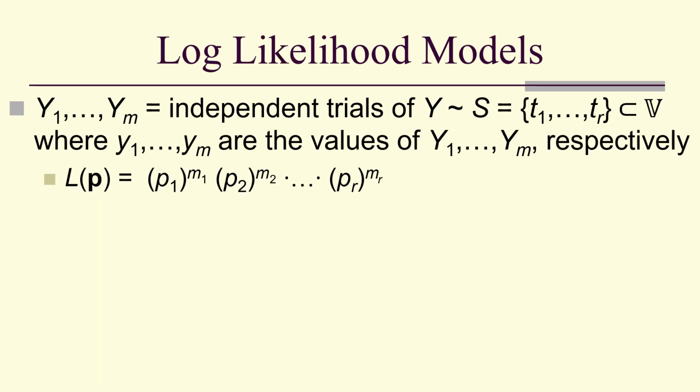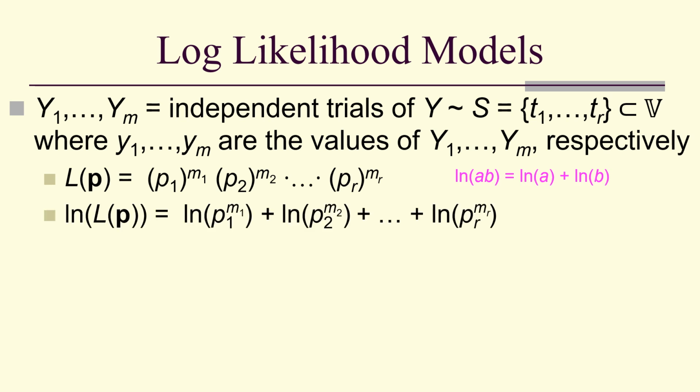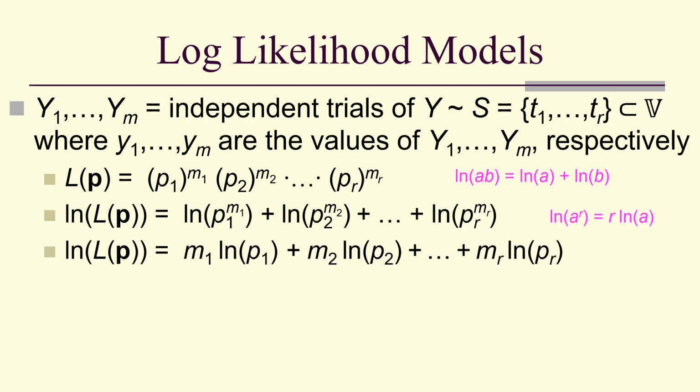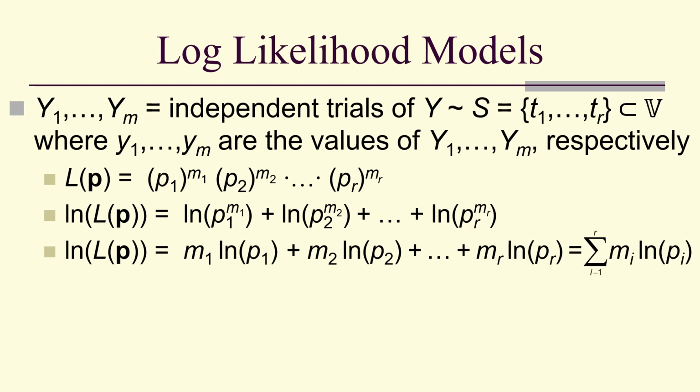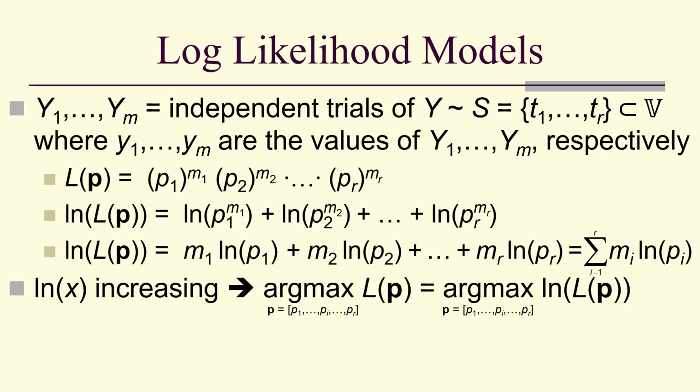So we saw that our likelihood function looked like this. And notice that the logarithm of AB is log A plus log B, so we can apply the logarithm throughout, and that product turns into a sum. And then the powers turn into coefficients, given the properties of the logarithm. And so we have our sum, i equals 1 to R, M sub i log P sub i.